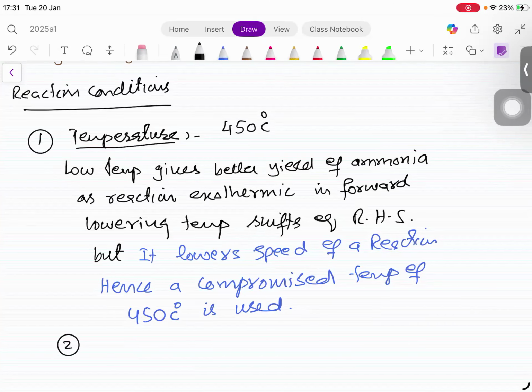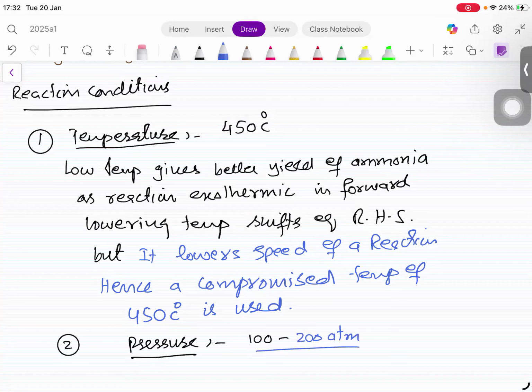Number two, pressure. Pressure for this reaction is 100 to 200 atm. Okay, look at this.